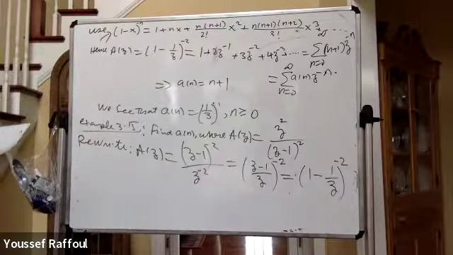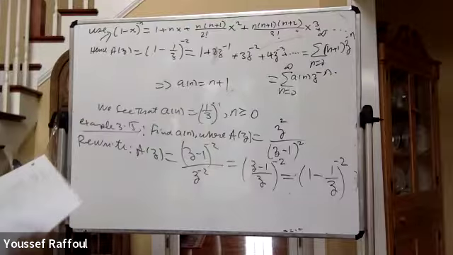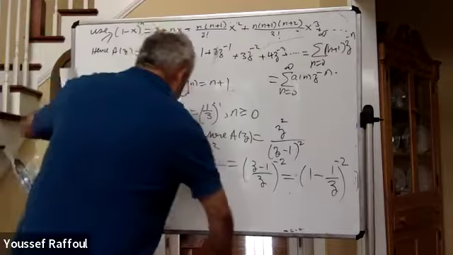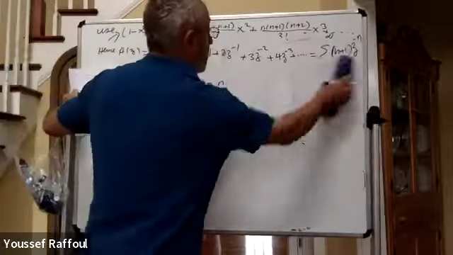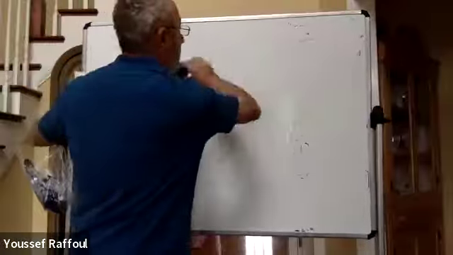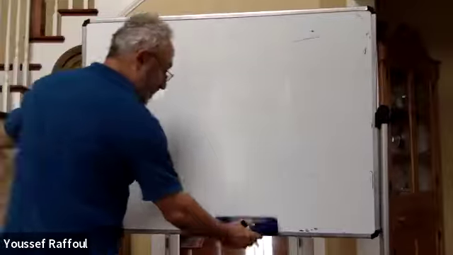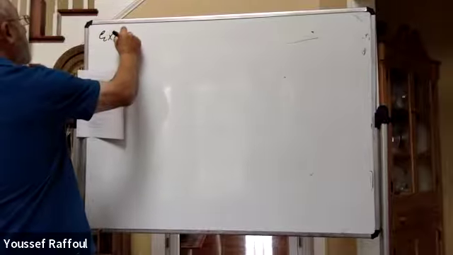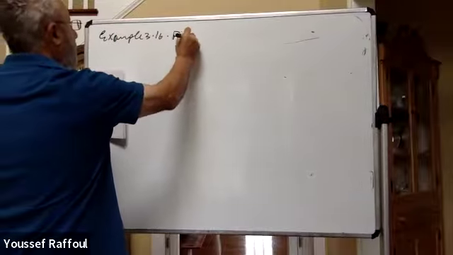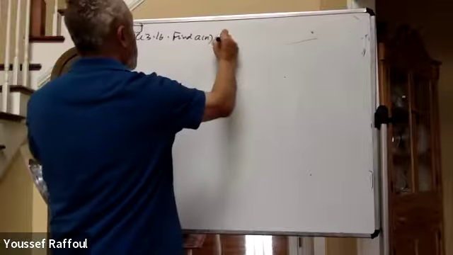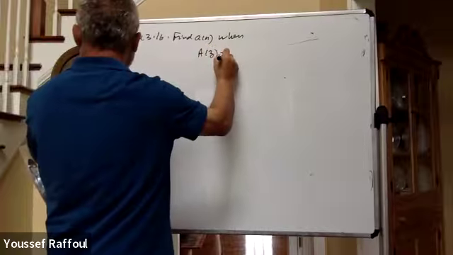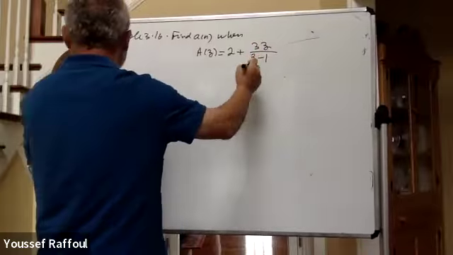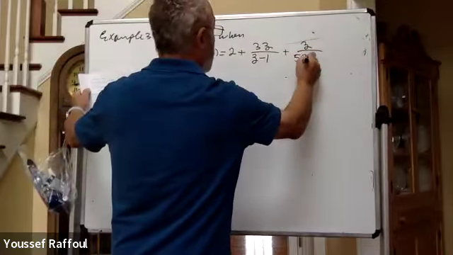Let us try one more example. Find a_n when A(z) is 2 plus 3z over (z minus 1) plus z over (5z minus 1).